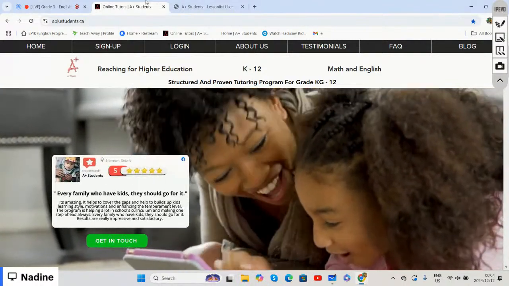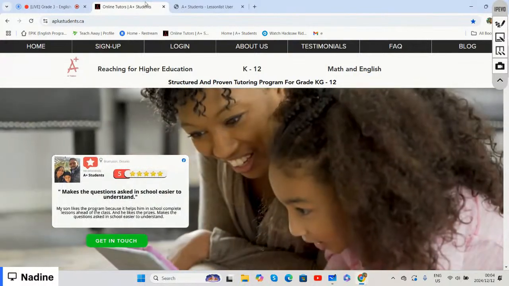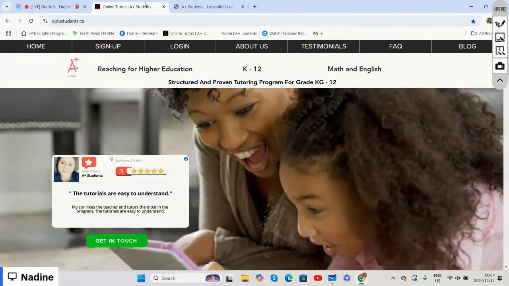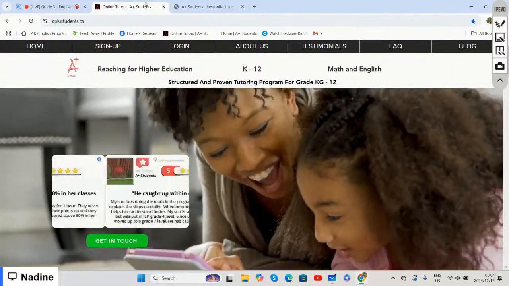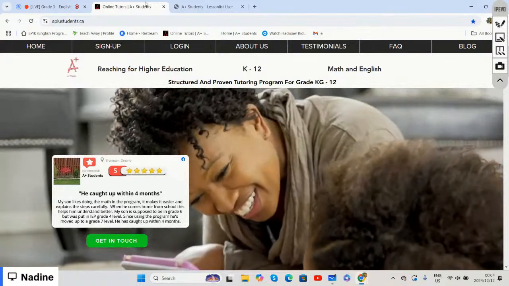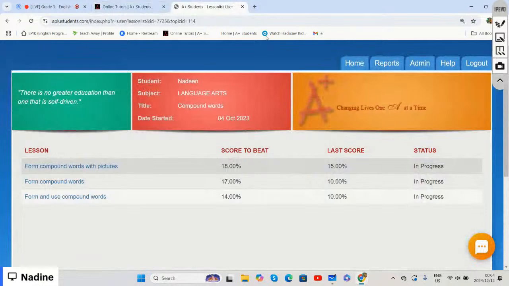We're doing grade 3. And then we're going to scroll down until we get to our chapter of compound words.